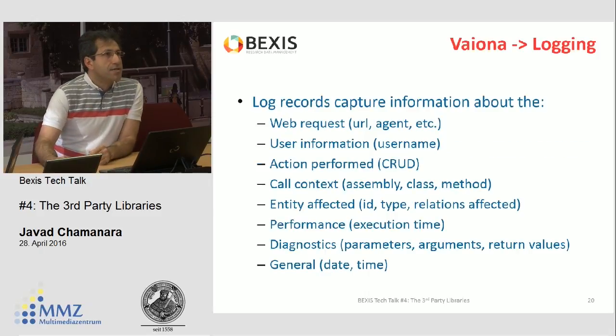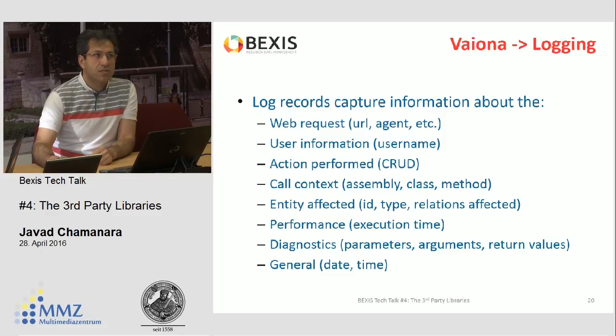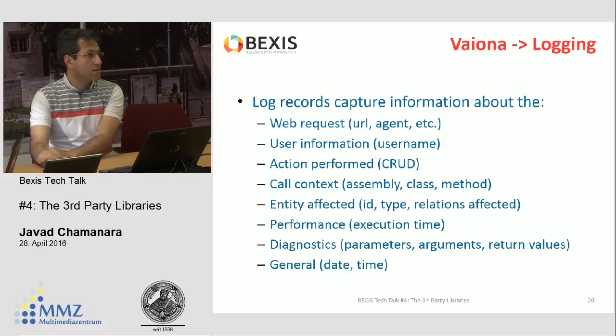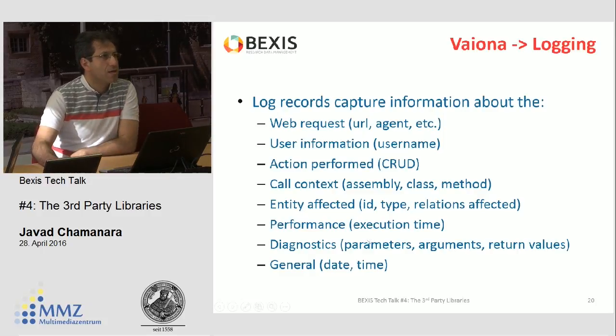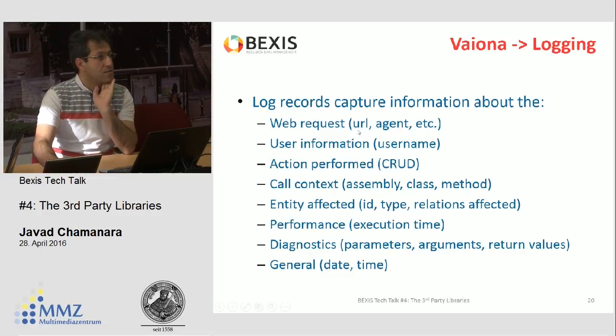But what is getting logged when we call a function log or a data log or a custom log and so on? These are the main objects that we log. Actually, there are more than this, but just the highlights. The web request will be logged if there is a web context, like URL, agent, and so on.